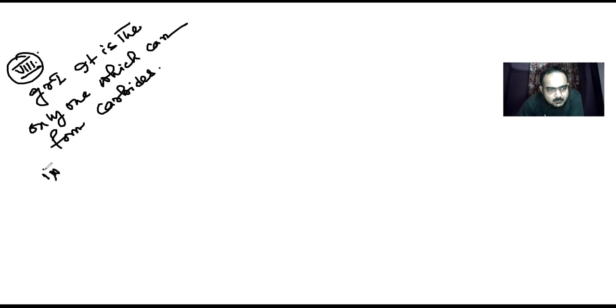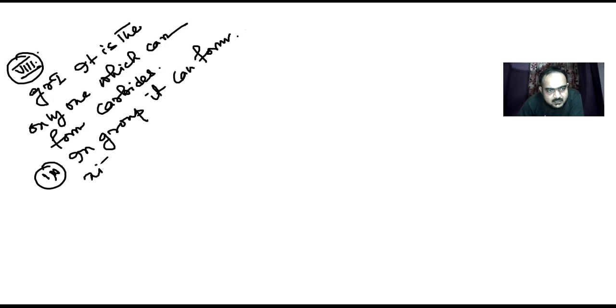Number 9, in group 1, it can form nitrides, but the rest of them can't.